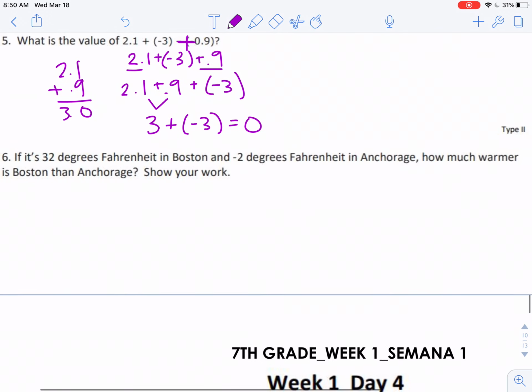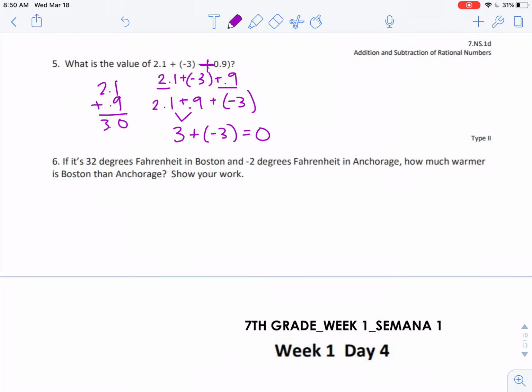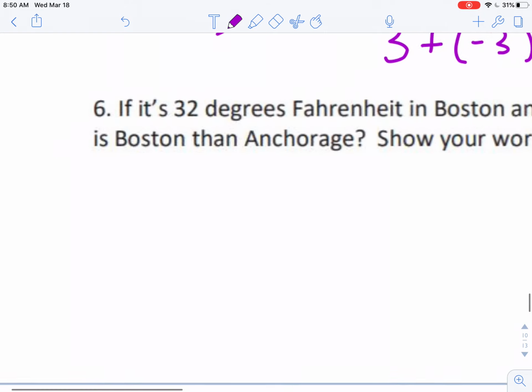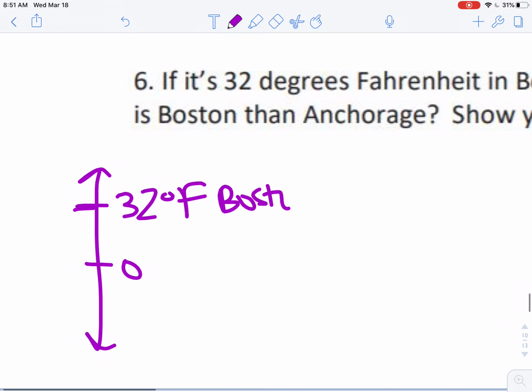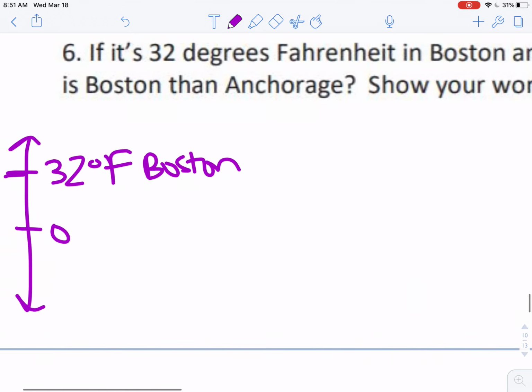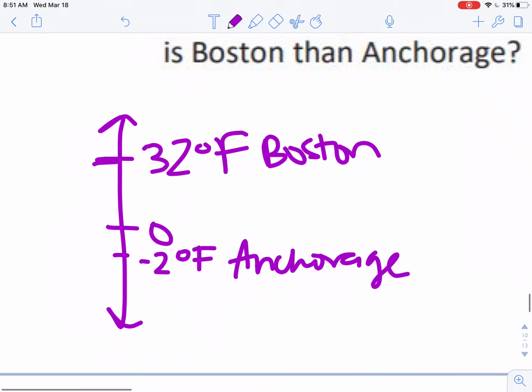If it's 32 degrees Fahrenheit in Boston and negative 2 degrees Fahrenheit in Anchorage, how much warmer is it in Boston than Anchorage? Okay, this is 0. This is 32 degrees Fahrenheit, Boston. And this is negative 2 degrees Fahrenheit, Anchorage. What's the difference? How much warmer is it? Well, it's 32 right here and then 2 right here.